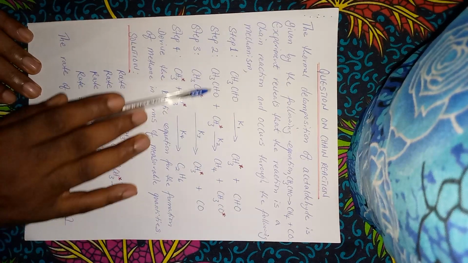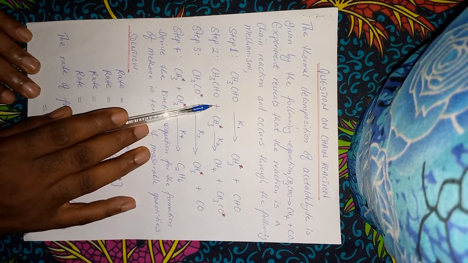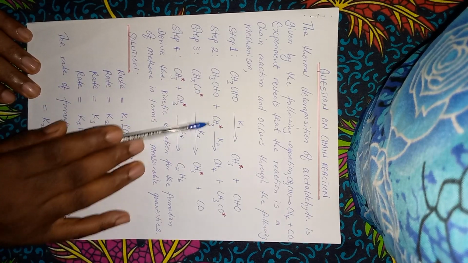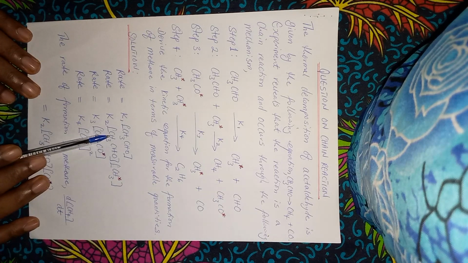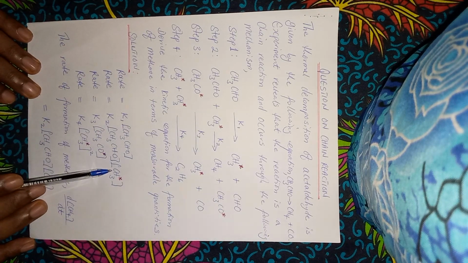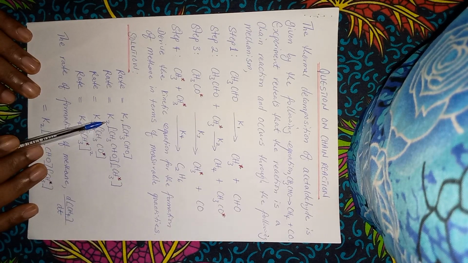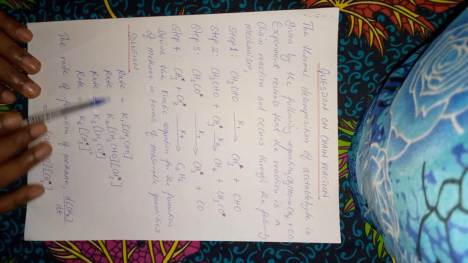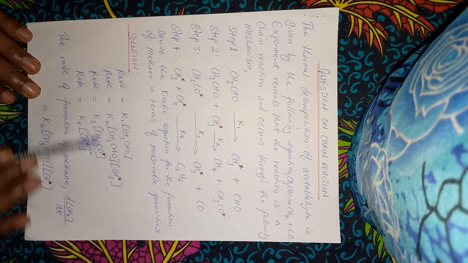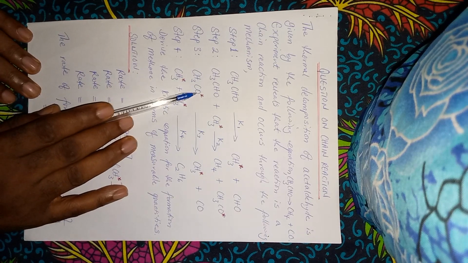Then for step 2, we have two reactants, CH3CHO plus free radical CH3. So that's why we have in bracket CH3CHO, in bracket free radical CH3. Then the rate constant is K2, that is for step 2. Then for step 3, we have only one reactant, which is free radical CH3CO.